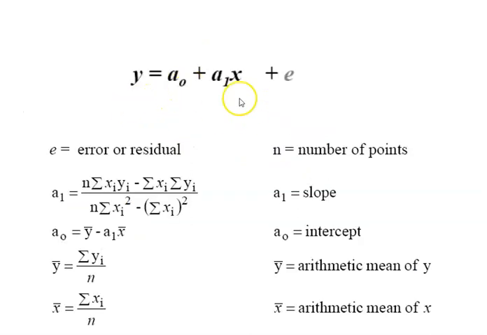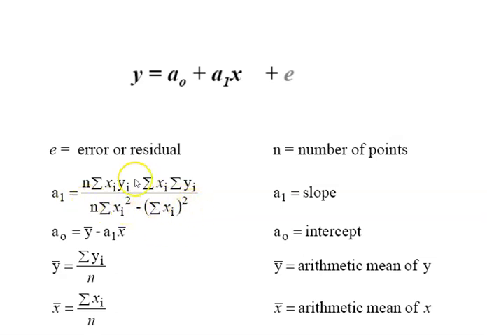Okay, so here our interest is to work out the values of a0 and a1 using these two formulas. a1 equals n times the summation of xi times yi, minus the summation of xi times the summation of yi, divided by n times the summation of xi squared minus the summation of xi, squared.